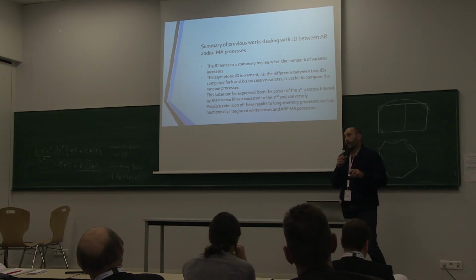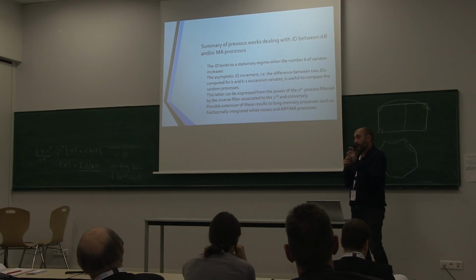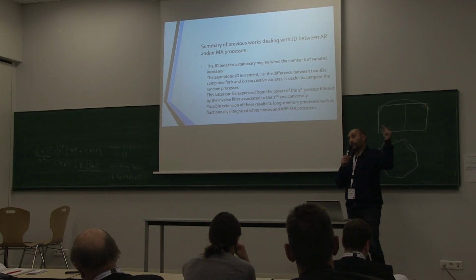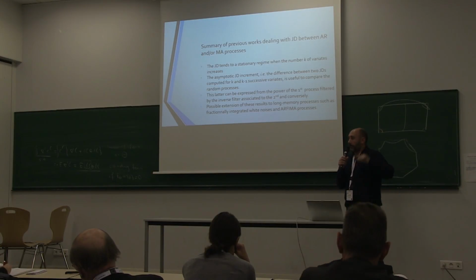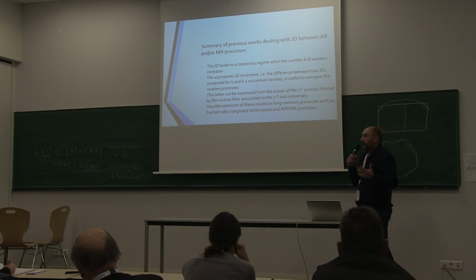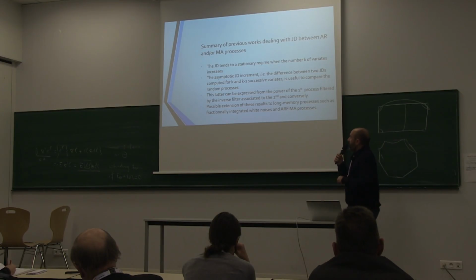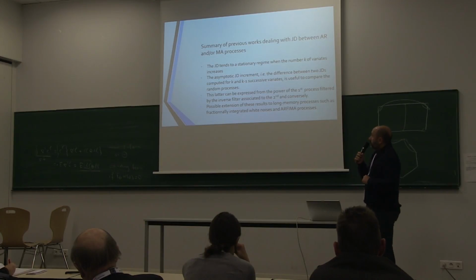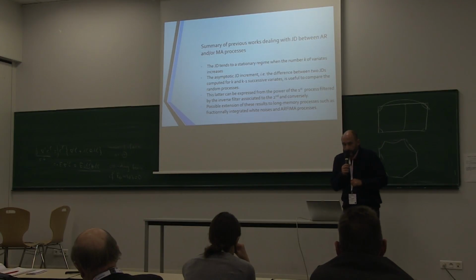In this case, in fact, we don't have to select the number of variates, which can be quite difficult, especially because when we look at the way the JD evolves, in fact, there is a transition period before converging to an asymptotic increment. And so this increment can be useful to compare random processes.